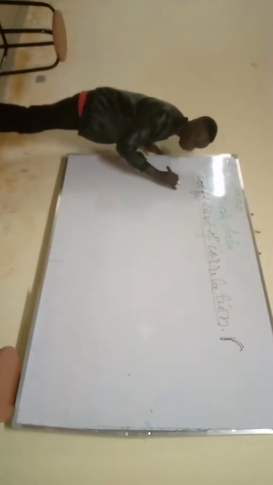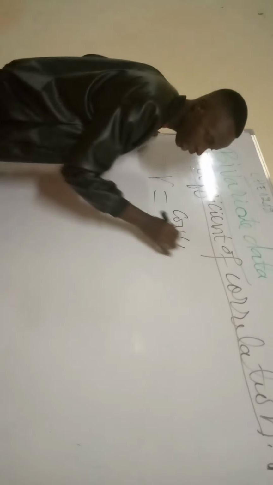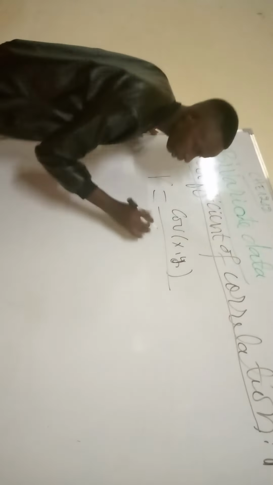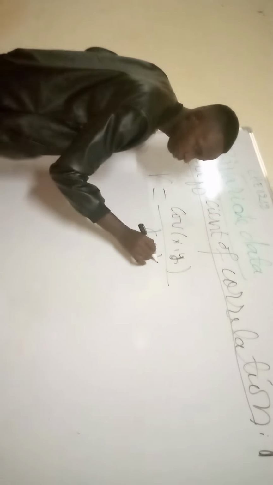You can calculate the correlation coefficient by using this formula. R, or the correlation coefficient, will be equal to covariance of x and y over the standard deviation of x times the standard deviation of y.